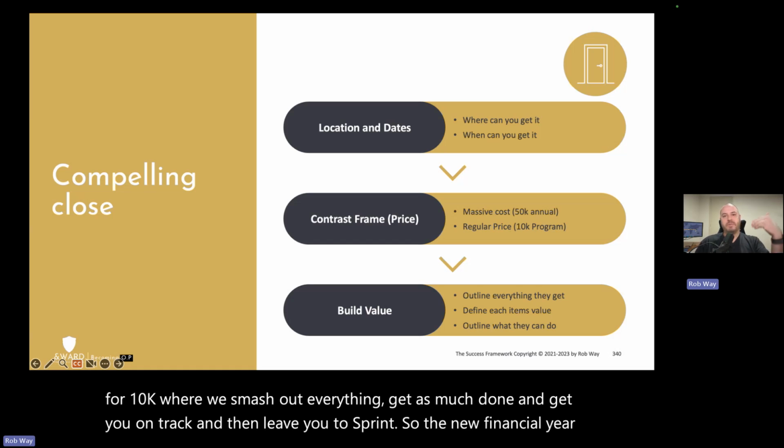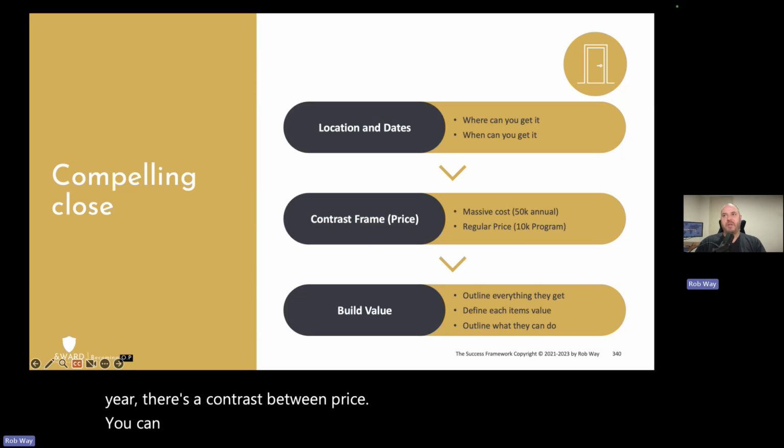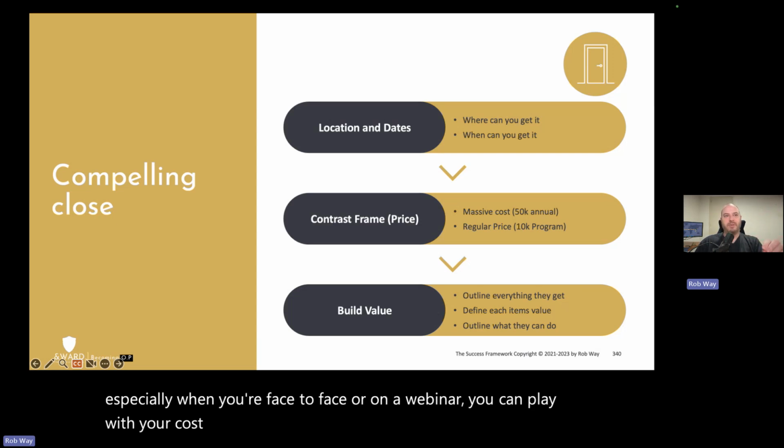There's a contrast between price. You can play with that a bit further. There's ways in which, especially when you're face-to-face or on a webinar, you can play with your cost structure, but the idea is about creating a contrast.